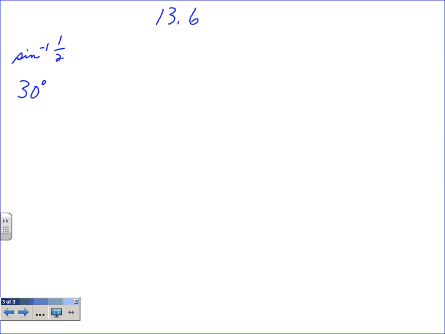If I rotated it around again, coterminal, that's another 360. So it could be 390 degrees. What if I rotated it to the negative 360 degrees? It'd be negative 330. Could it be that? Yeah. So we don't know.